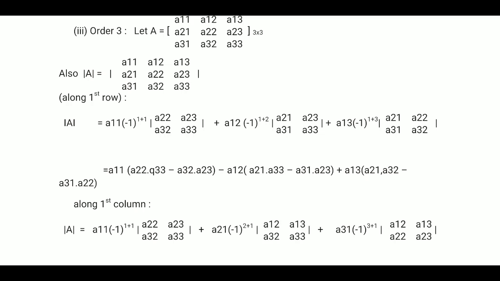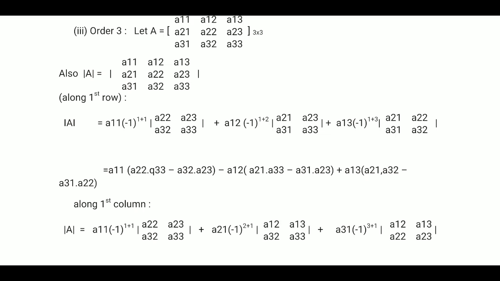Plus A13, first row third column element, multiply minus 1 power 1 plus 3 and the determinant obtained by leaving first row and third column. So we get A21, A22, A31, A32.